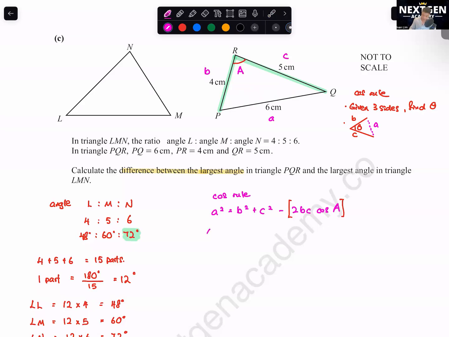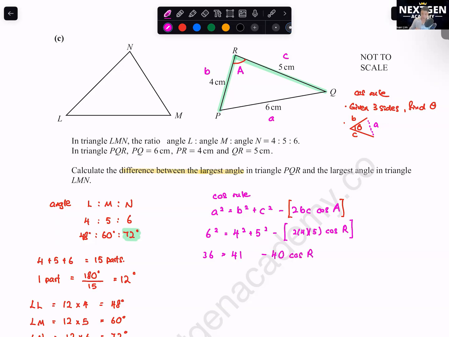Let's substitute: 6 square equals 4 square plus 5 square minus 2 times 4 times 5 cos R. We call this angle R. So what is 6 square? 36 equals 4 square plus 5 square, which gives 41, minus 2 times 4 times 5, which is 40 cos R.